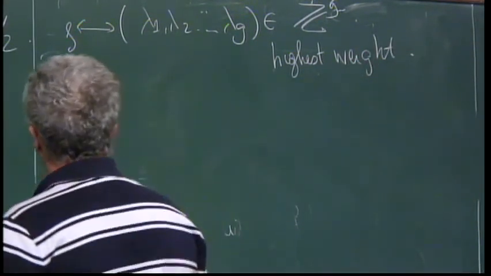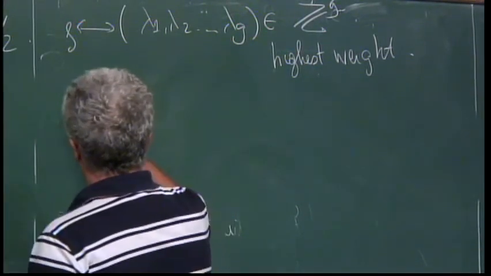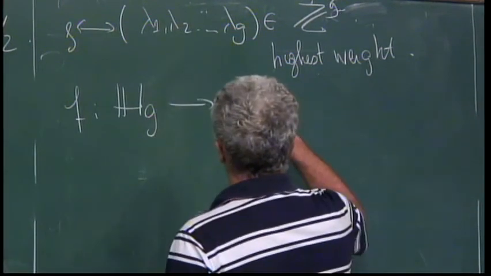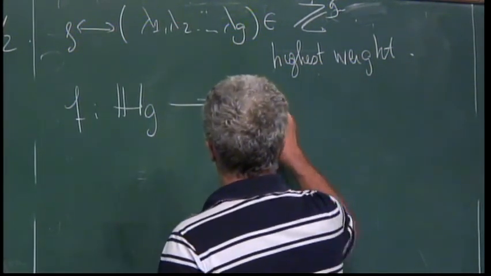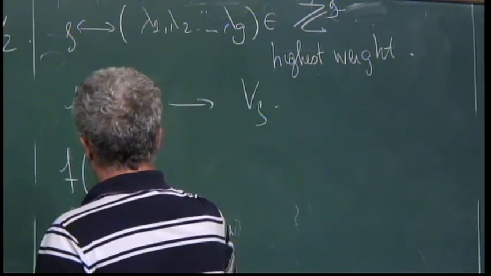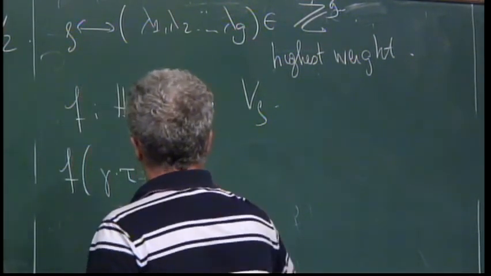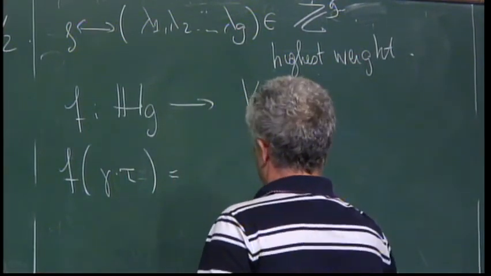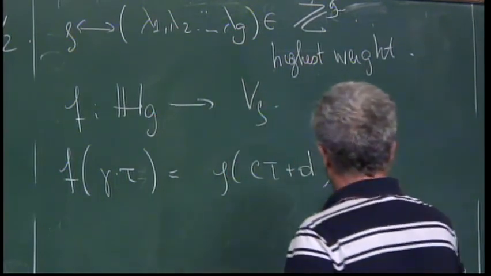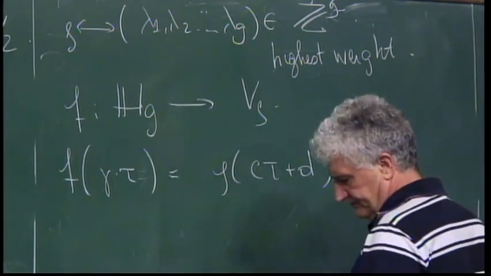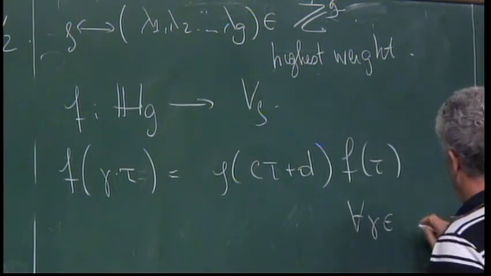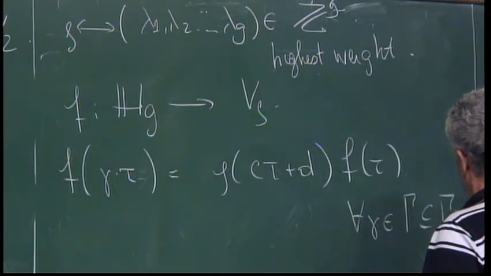And I want to consider a holomorphic function f from H_g to V_rho, such that f(gamma tau) is equal to rho(C tau + D) times f(tau), for every gamma contained in Gamma_g.